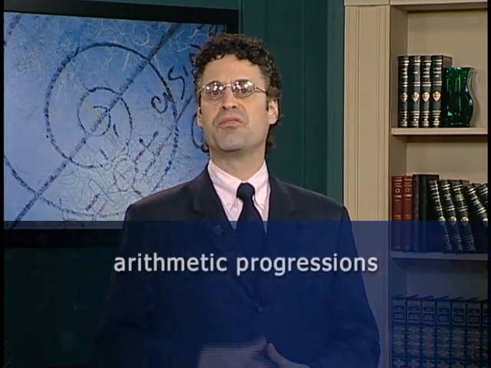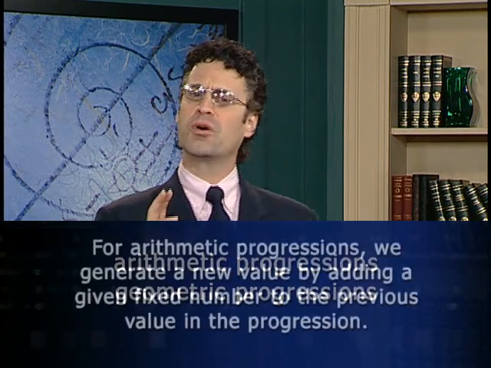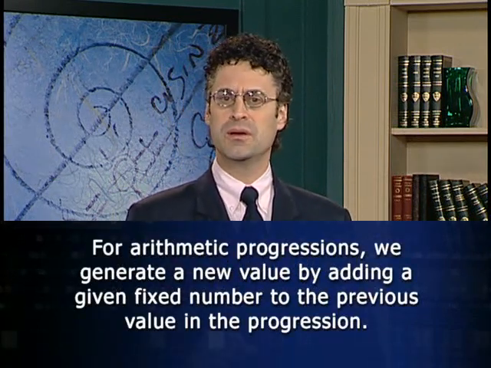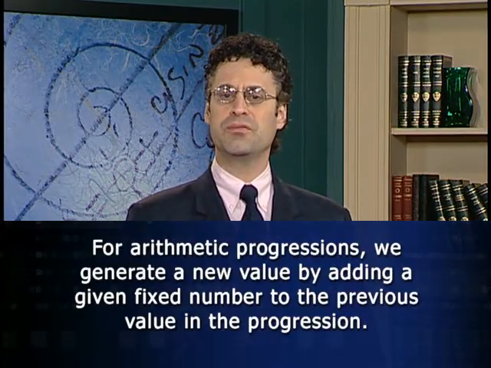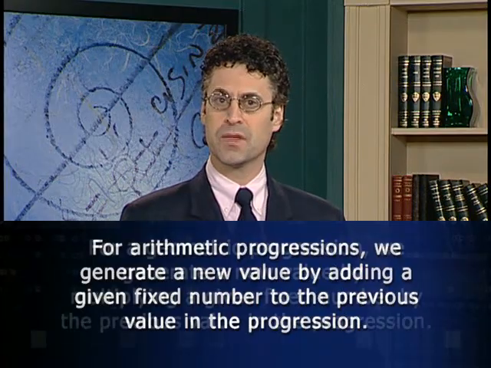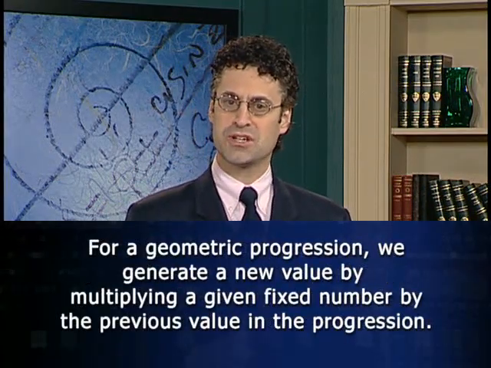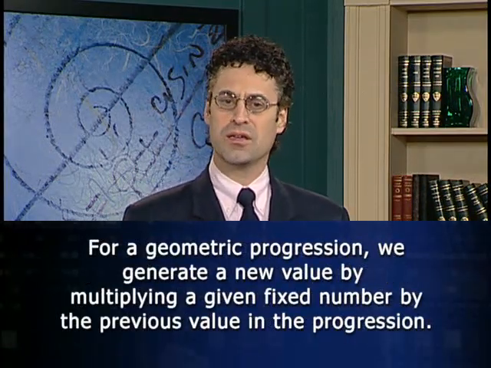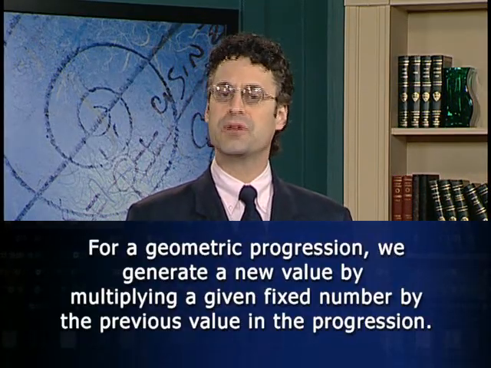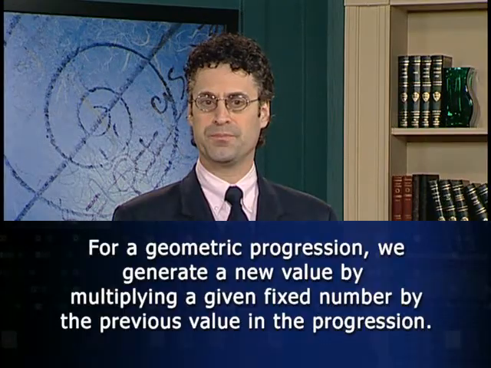Well, here we open by extending the ideas of arithmetic and geometric progressions. Now, for arithmetic progressions, we generate a new value by adding a given fixed number to the previous value in the progression. For a geometric progression, we generate a new value by multiplying a given fixed number by the previous value in our progression.